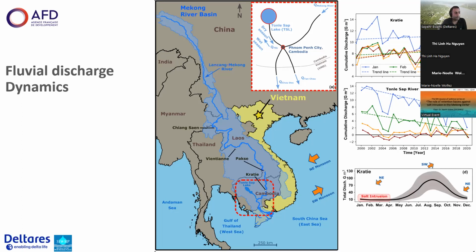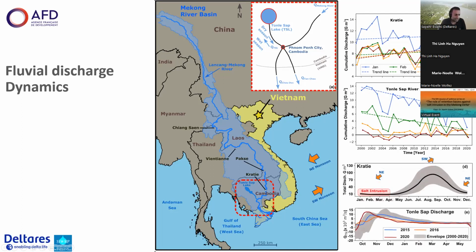Therefore, the freshwater supply to the Mekong Delta in the dry season hasn't changed much. And let's not forget that salt intrusion takes place during the northeastern monsoon, in the months that the Tonle Sap Lake is supposed to be providing freshwater to the delta.